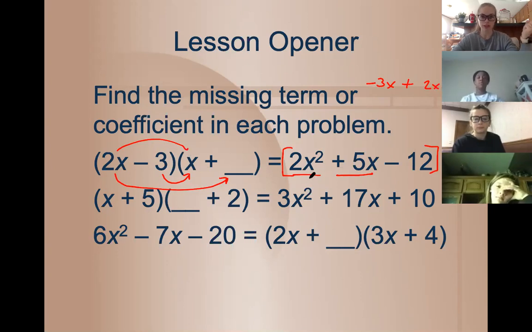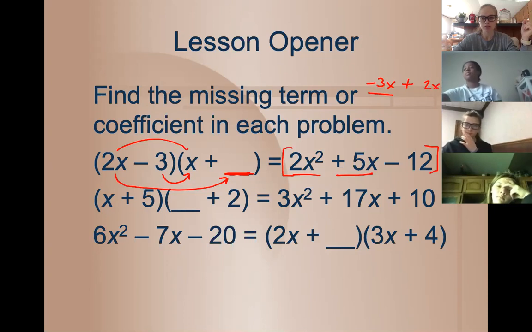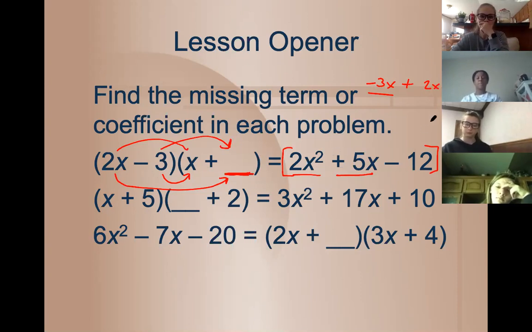So we're checking these. We're using the FOIL method. And then my outside terms, 2x times, well, I'm missing this number right here, right? I don't know what that is, so let's skip that. But then I've got negative 3 times x, negative 3x, and then plus negative 3 times my last term. So there's two ways I could go about this. Here's one way.